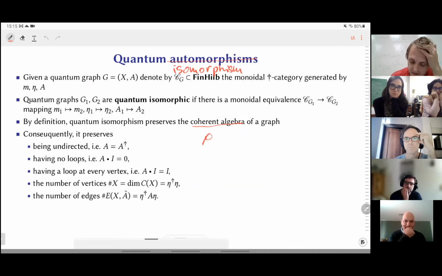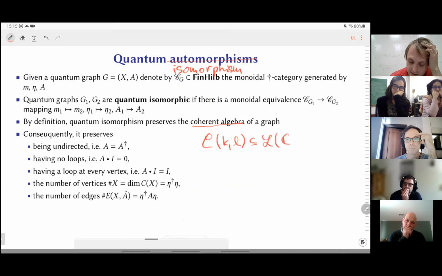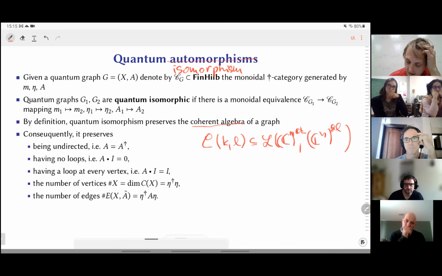You can try to construct a category whose, for simplicity, let's say that the objects are just natural numbers and the morphism spaces are linear maps from C^n to the power k to C^n to the power L, where n is the number of vertices, basically.